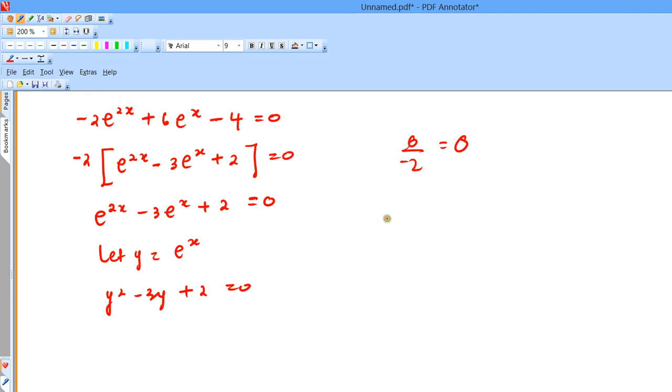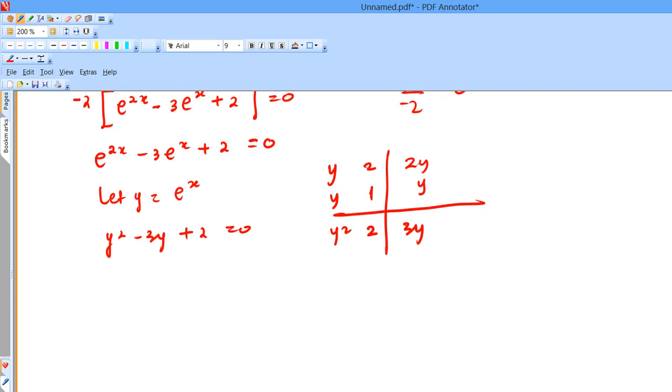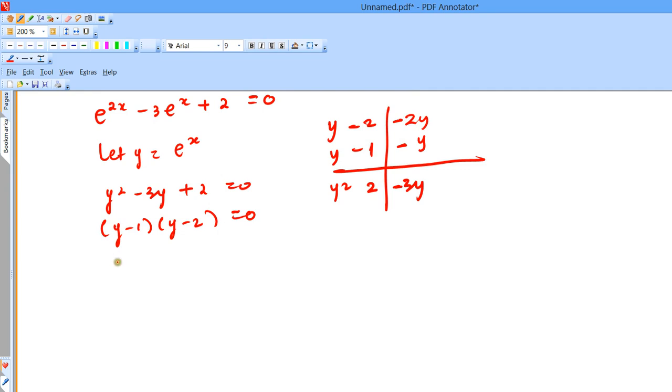Then factorize: we want negative 3y and positive 2, so we get y minus 1 times y minus 2 equal to 0. For the first bracket, y minus 1 equal to 0, so y equals 1, and y actually equals e power of x. So e power of x equals 1.